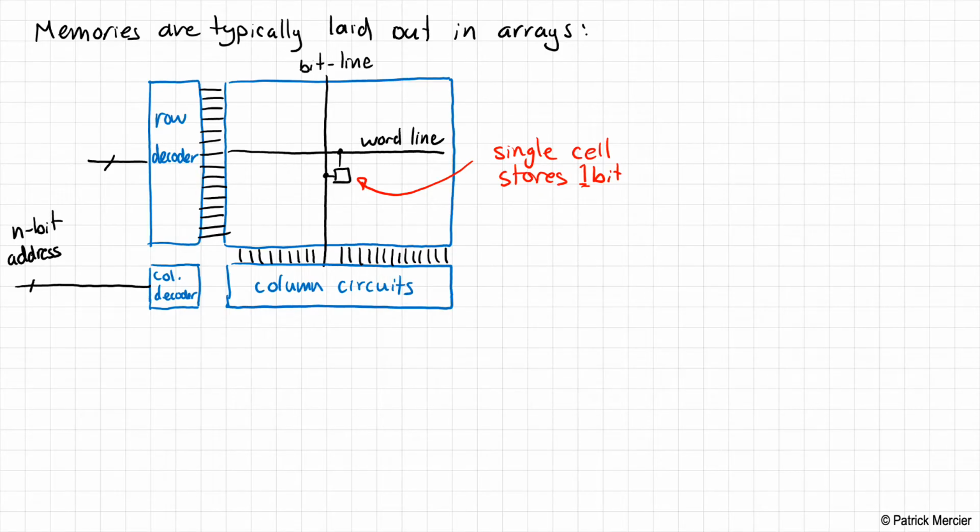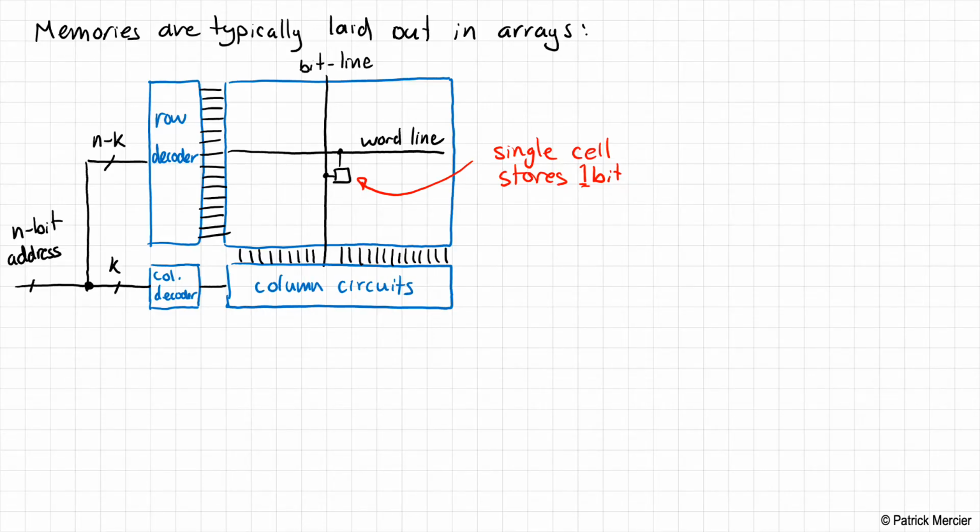And this n-bit address is going to be broken up into n minus k and k bits that will access the row decoder and the column decoder.